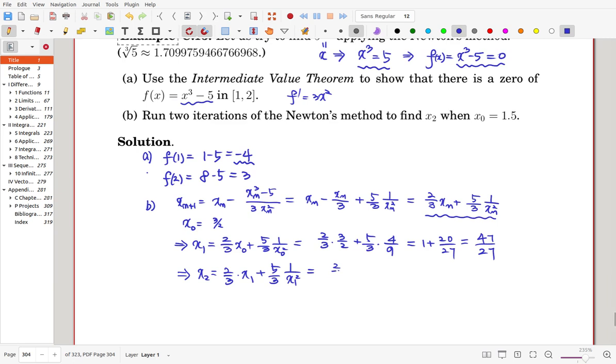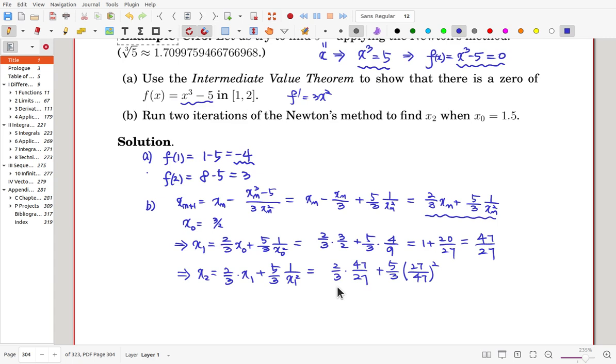So that is 2 over 3 times 47 over 27, plus 5 over 3 times 27 over 47 squared. Now it's not easy to compute by pencil, so you can stop here, or by using a calculator you can find the numeric value for that.